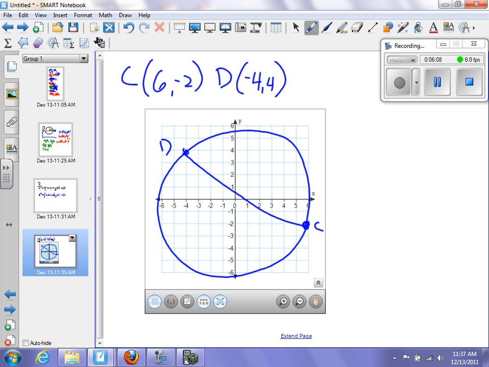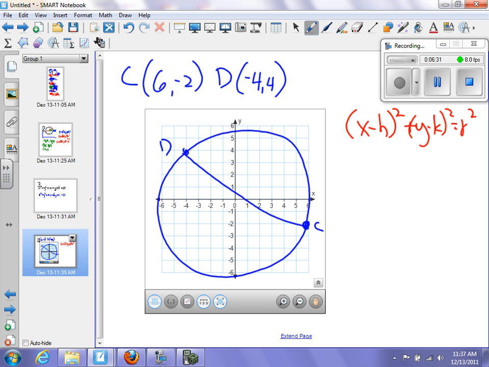If I know that that's a diameter, what I would really like to find, because I need to write this in standard form, is the center, because my standard form is x minus h squared plus y minus k squared is equal to r squared.